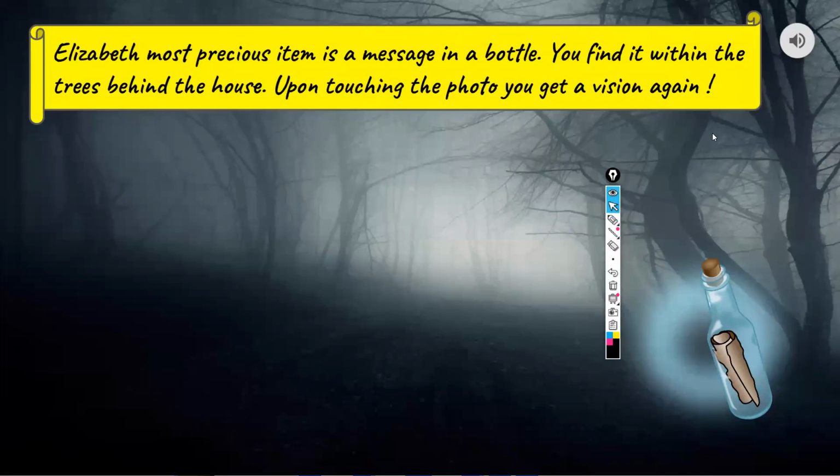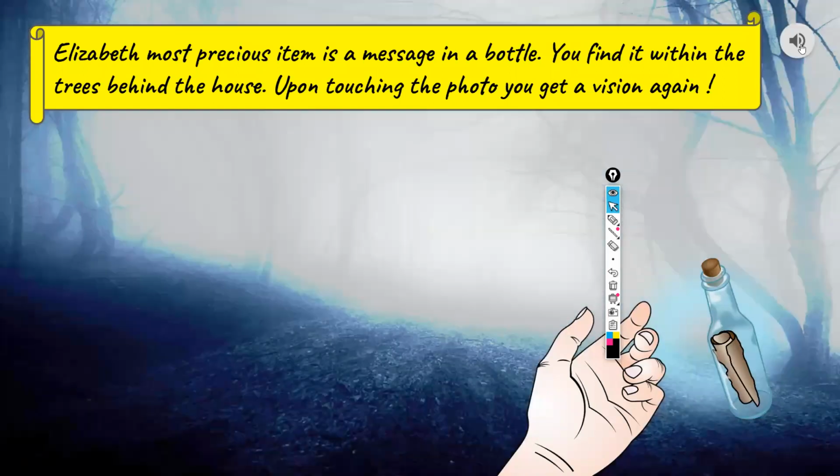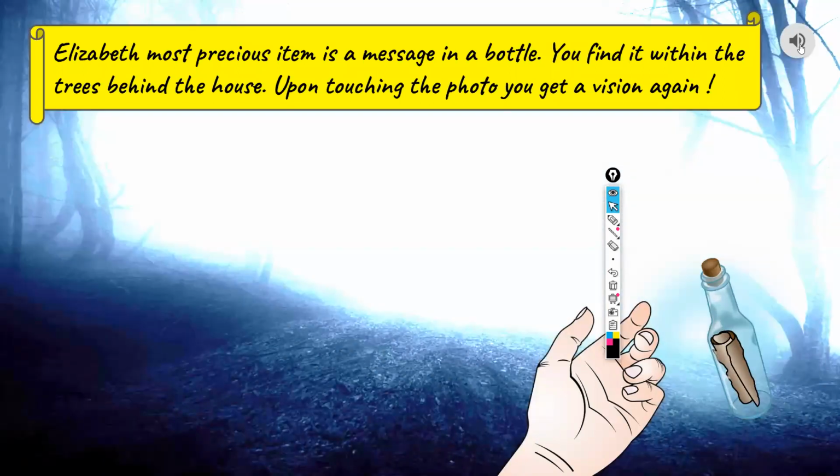Right. So Elizabeth's most precious item when she was alive was a message in a bottle. So we're going to touch the bottle. It's going to give us a vision of why that is her most precious item.